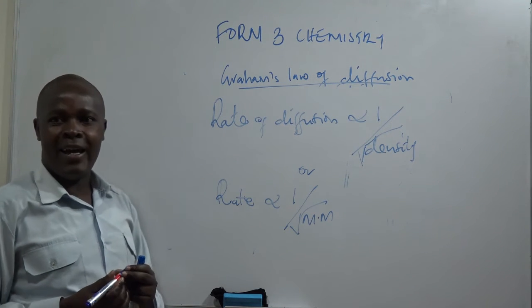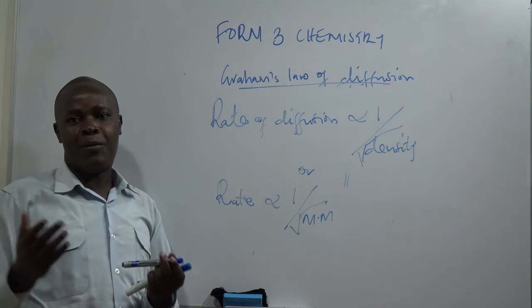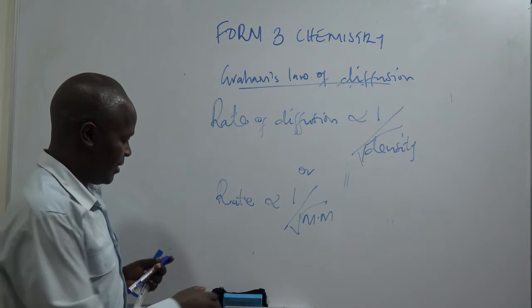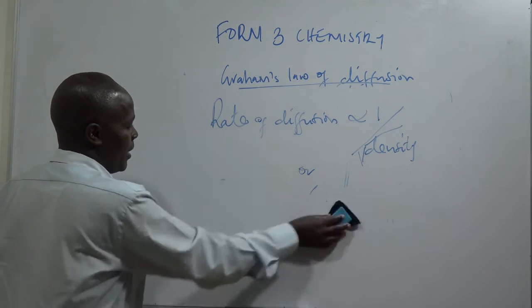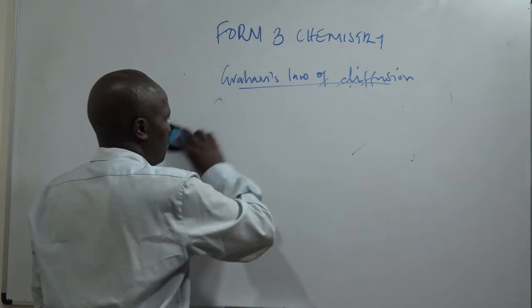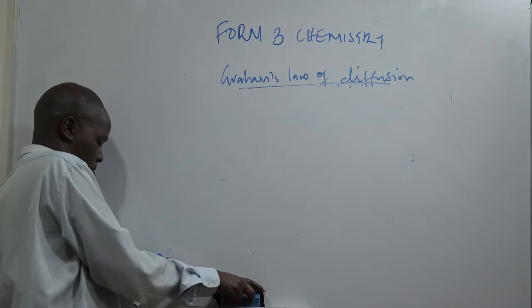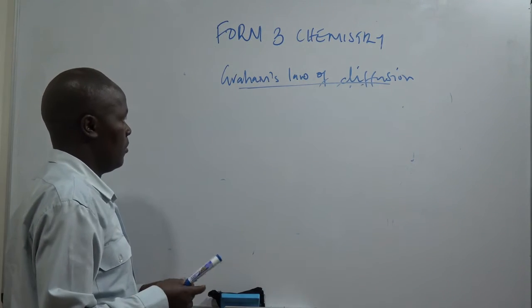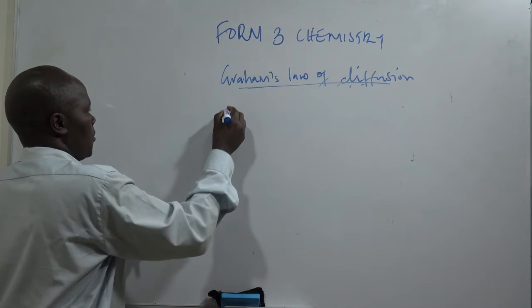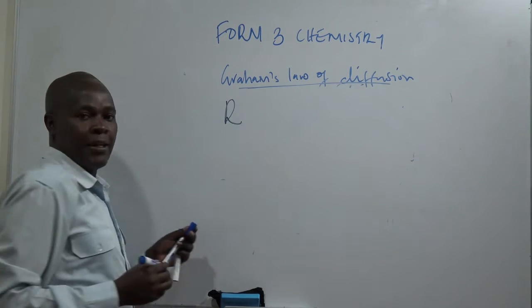So let us compare the rate of diffusion of ammonia and hydrogen chloride gas in this case. So how do we compare? We say, let R stand for the rate of diffusion of ammonia.